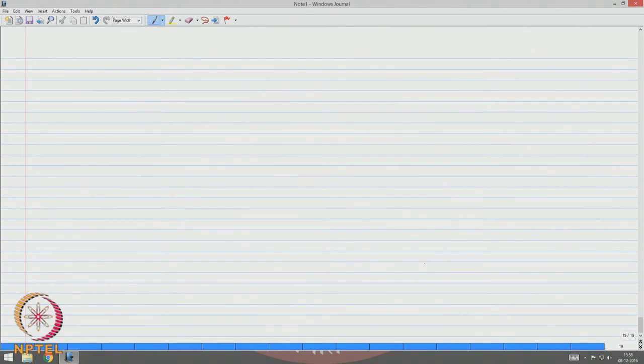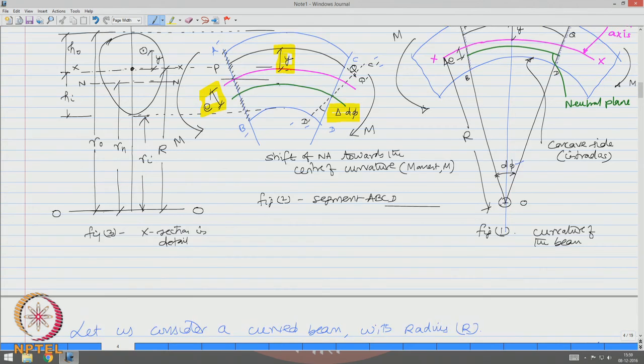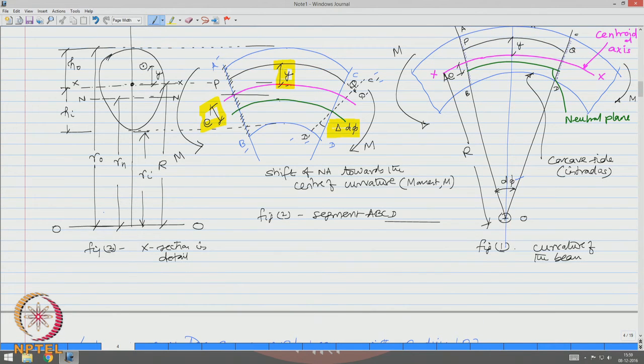Let us work out the stresses for intrados and extrados. If you look at the cross section, R plus h o and R minus h i will give you the limits of the section.